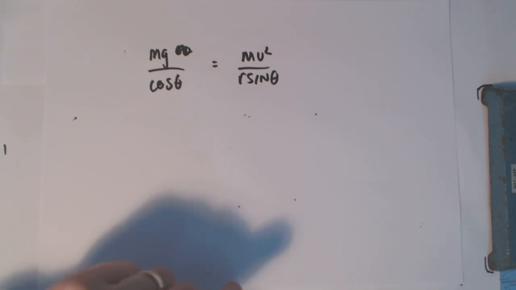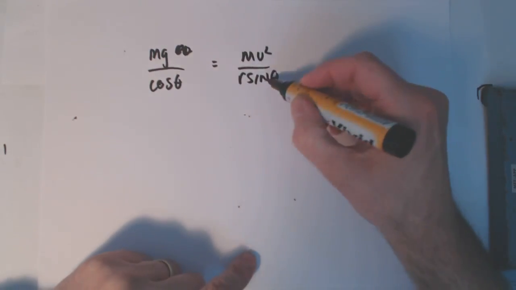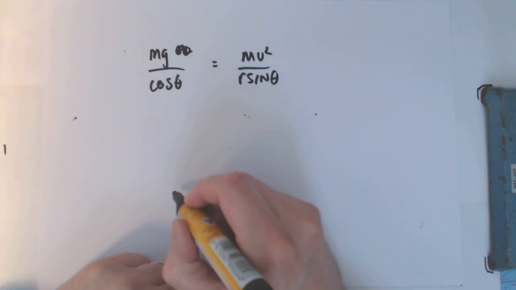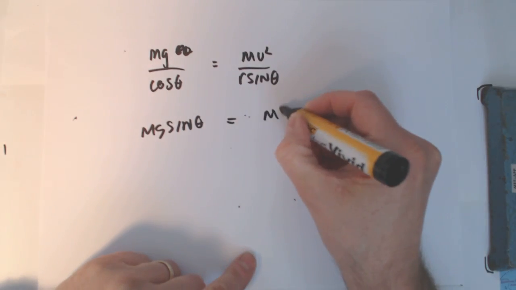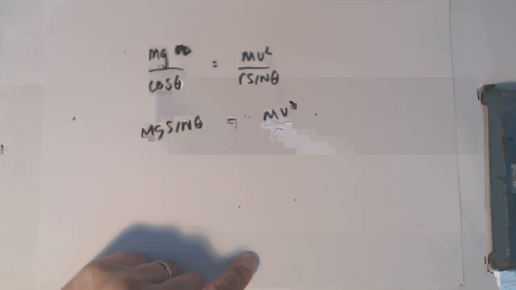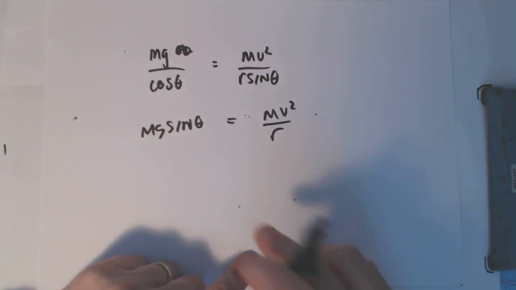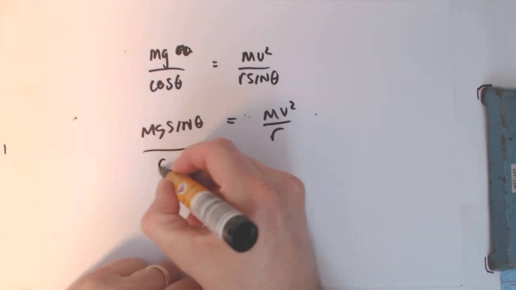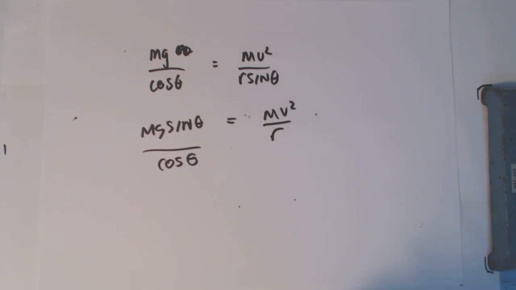Now, if we bring the sine theta up here, we can say mg sine theta equals mv squared over r, right? We've still got the r there, and we've still got the cos theta over here. Let's bring the mg down.